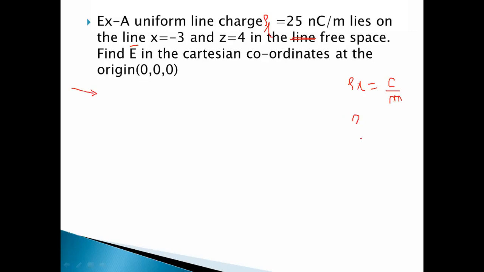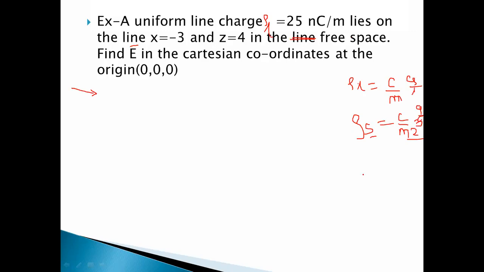If it is surface charge density rho s, then it is coulomb per meter square, because surface is measured in meter square. So this is nothing but Q divided by L, and this is nothing but Q divided by S.